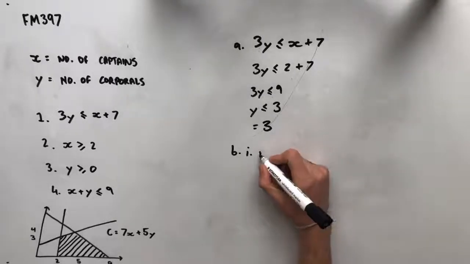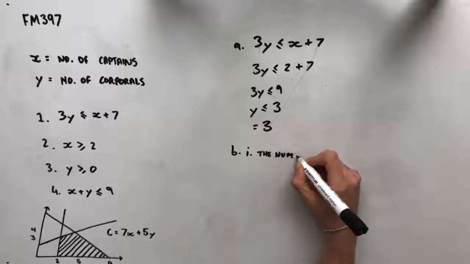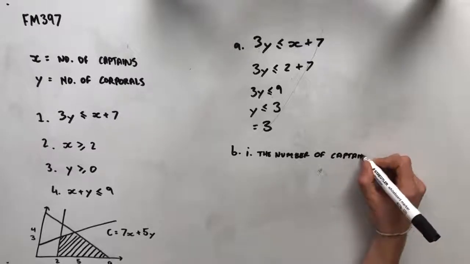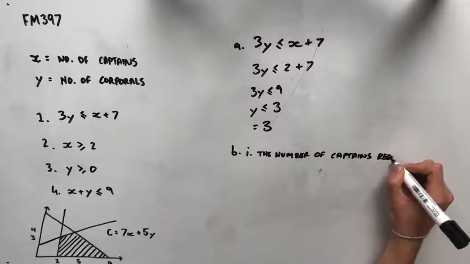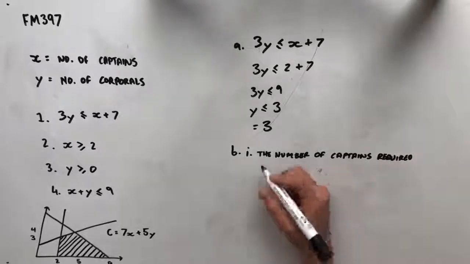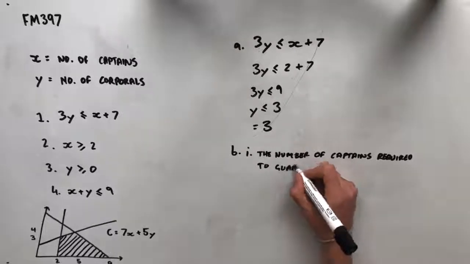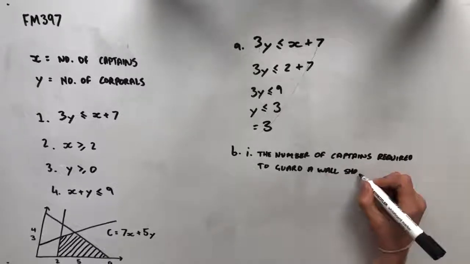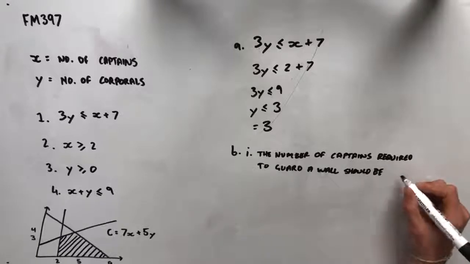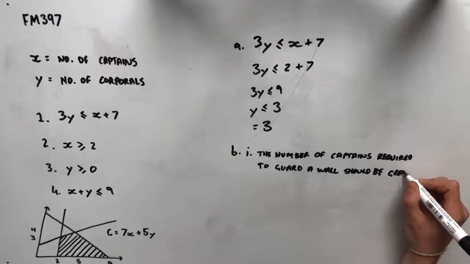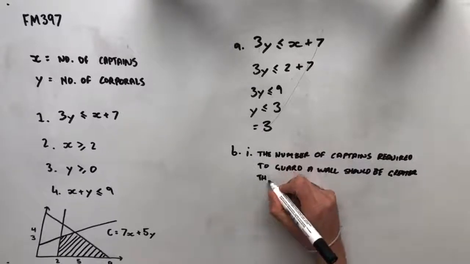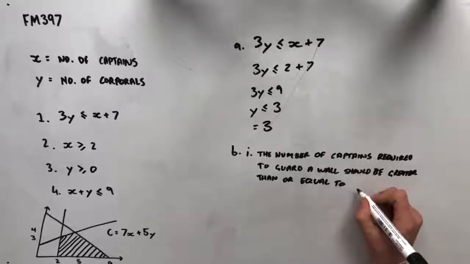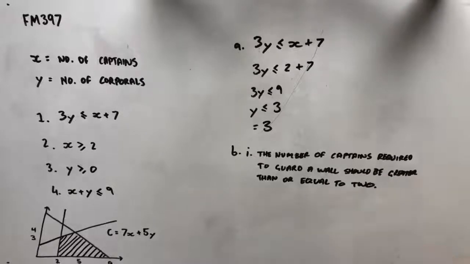So we might put it in context and say the number of captains required to guard a wall should be greater than or equal to 2.